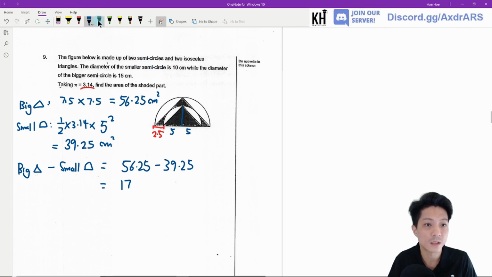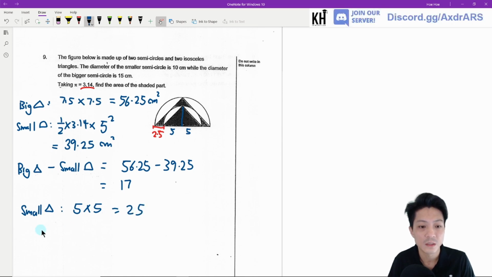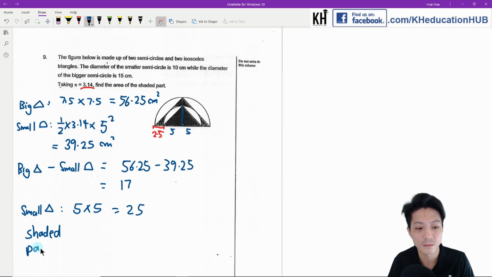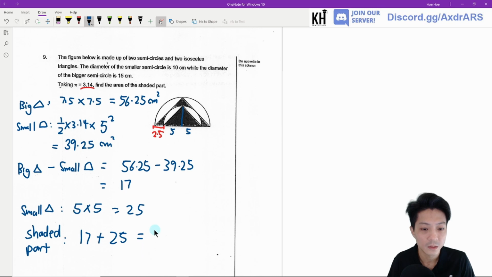Next step, I just need to find the area of the small triangle. The small triangle will be 5 times 5, which equals 25. So the area of the shaded part will be 17 plus 25, which is 42 square cm.